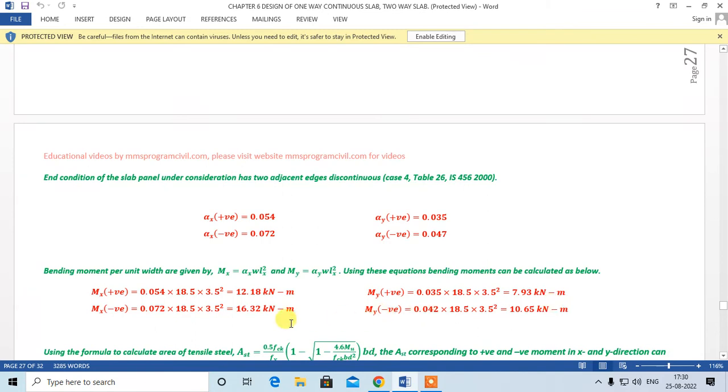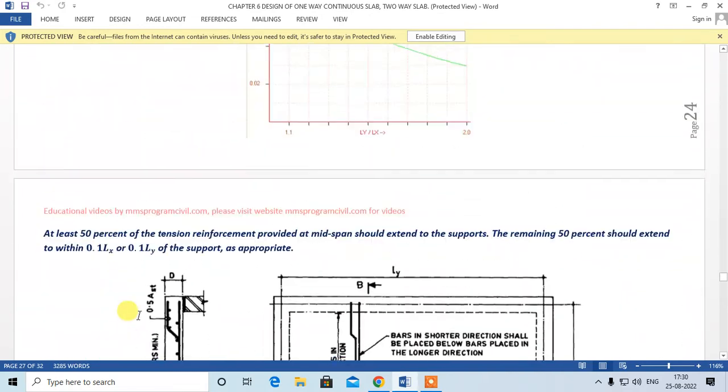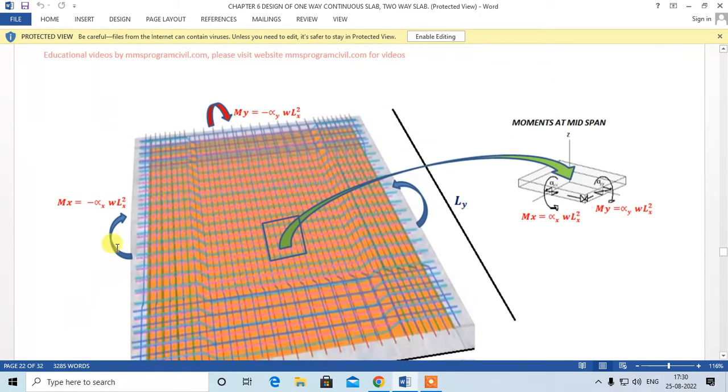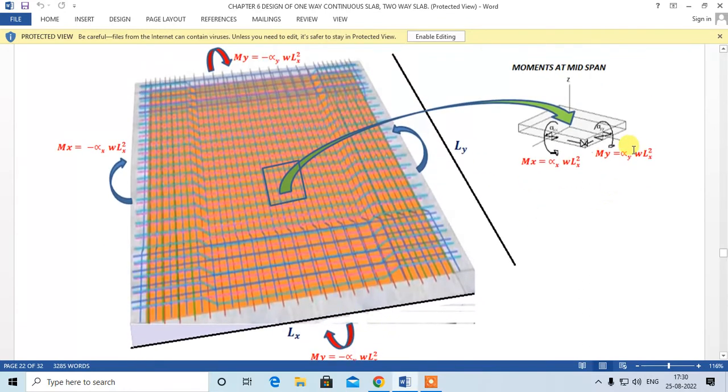So let me show you what is Mx positive and Mx negative. Mx negative can be seen over here. In this figure, this is Mx negative, this is Mx negative, this is Mx positive, this is My negative, this is My negative, this is My positive.